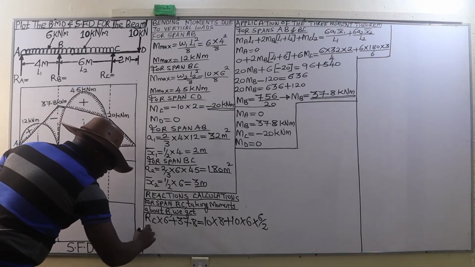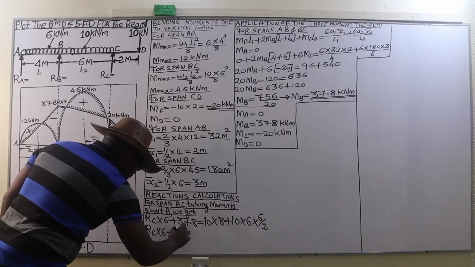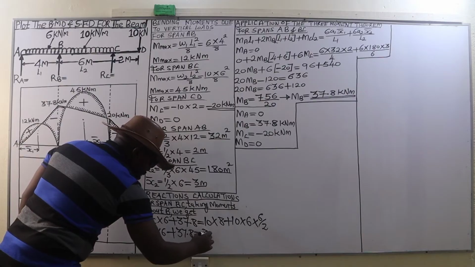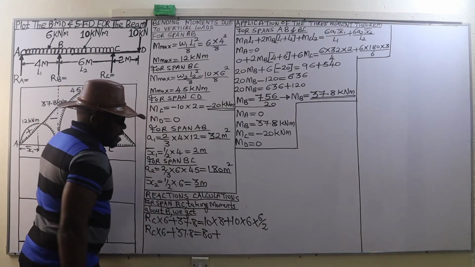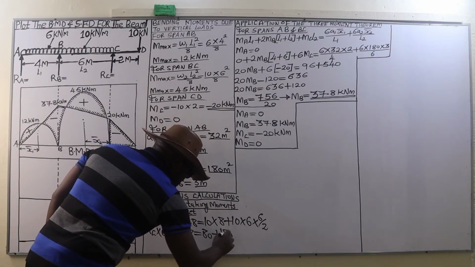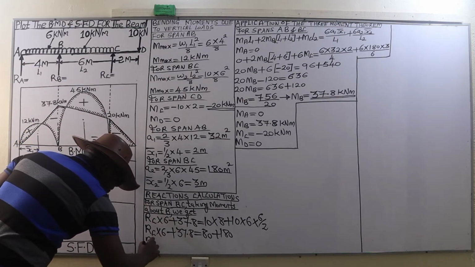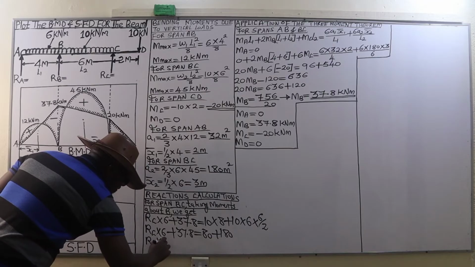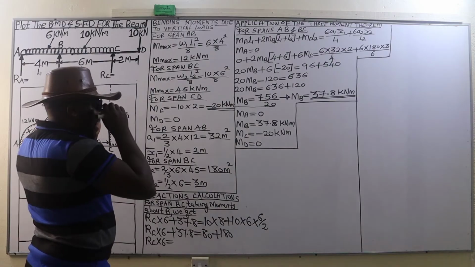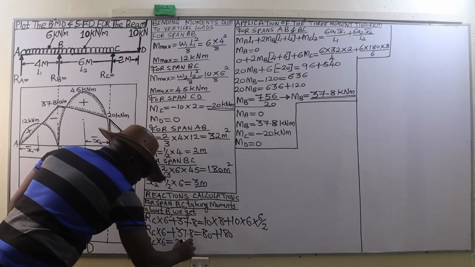This will give us RC times 6 plus 37.8 being equal to 80 plus 180. And we are going to have RC times 6 being equal to 80 plus 180, that is 260. So we got 260.